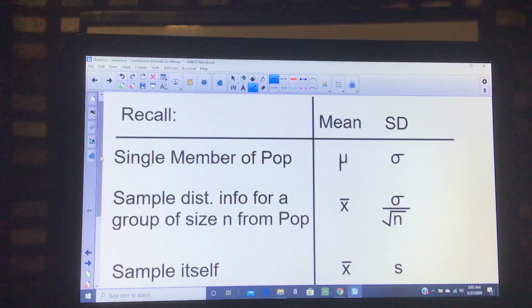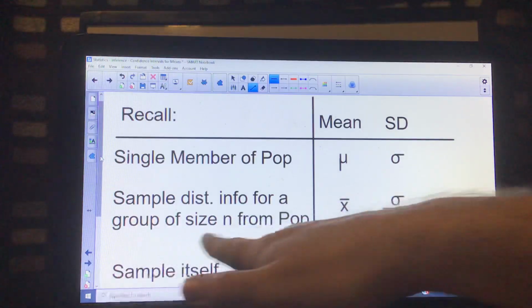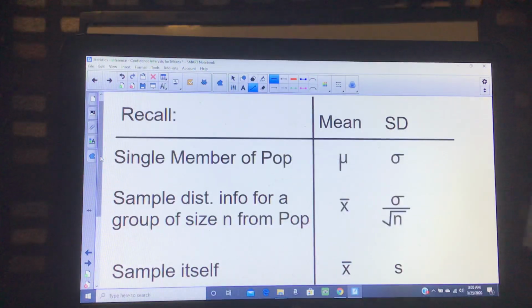Now, in that last video, we talked about the sampling distribution for a sample of a certain size. So this says the sampling distribution information for a group of size n from the given population. So if we take a certain sample of a particular size, let's just go with the heights of American males like we did. Say we took 100 American males at random.